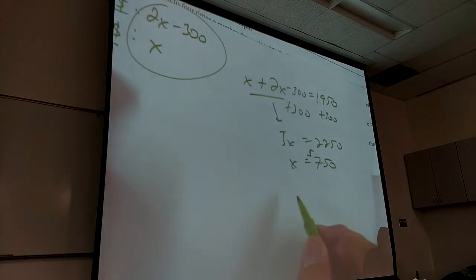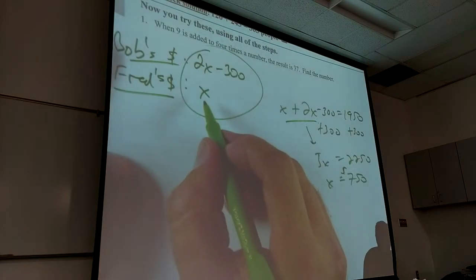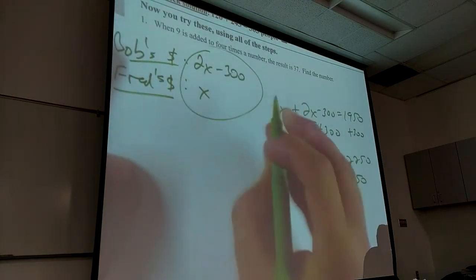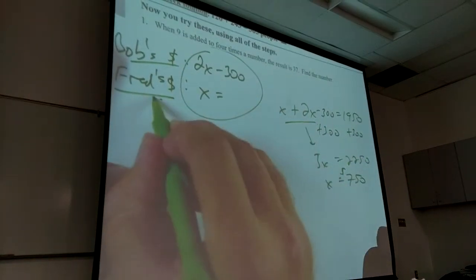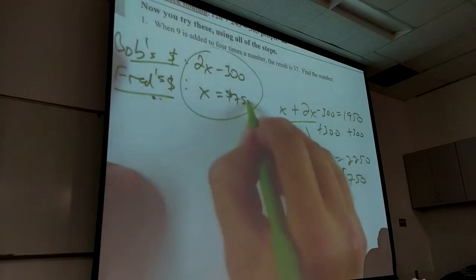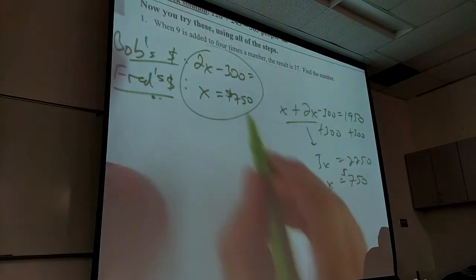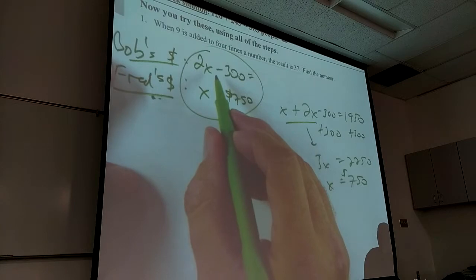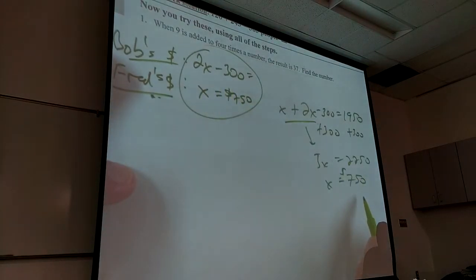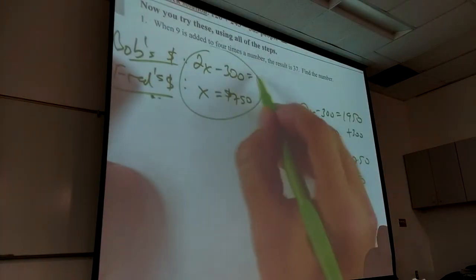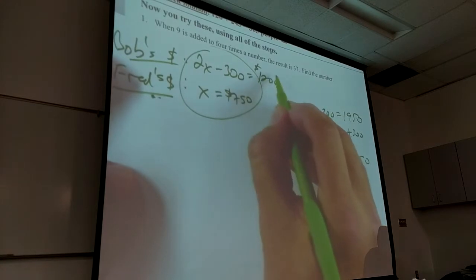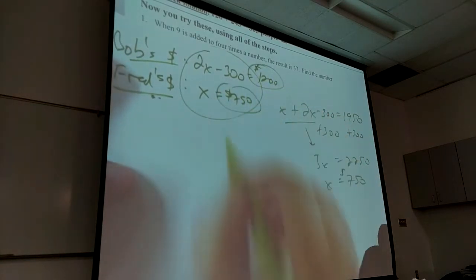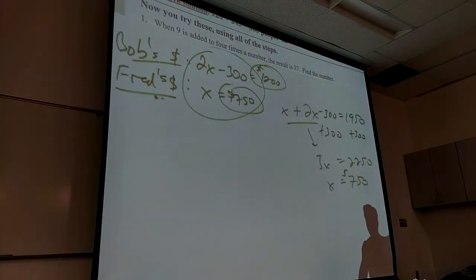Who's that? Fred's money. You just go back to this, but you were smart enough to write it, you didn't skip this step, so then you can just say, Fred's money is 750. Bob's money, twice 750 is 1,500 minus 300, 1,200. So it helps you set up the equation, it helps you answer the problem.